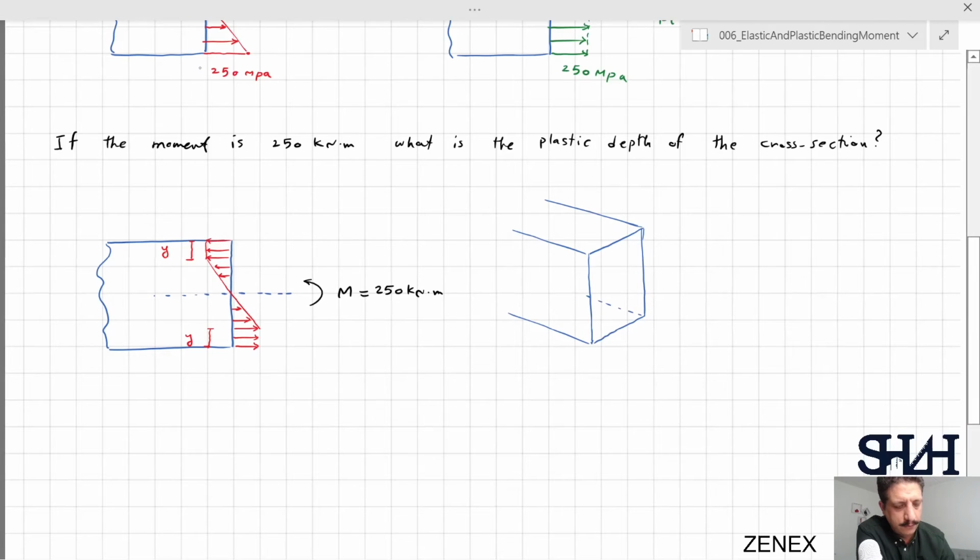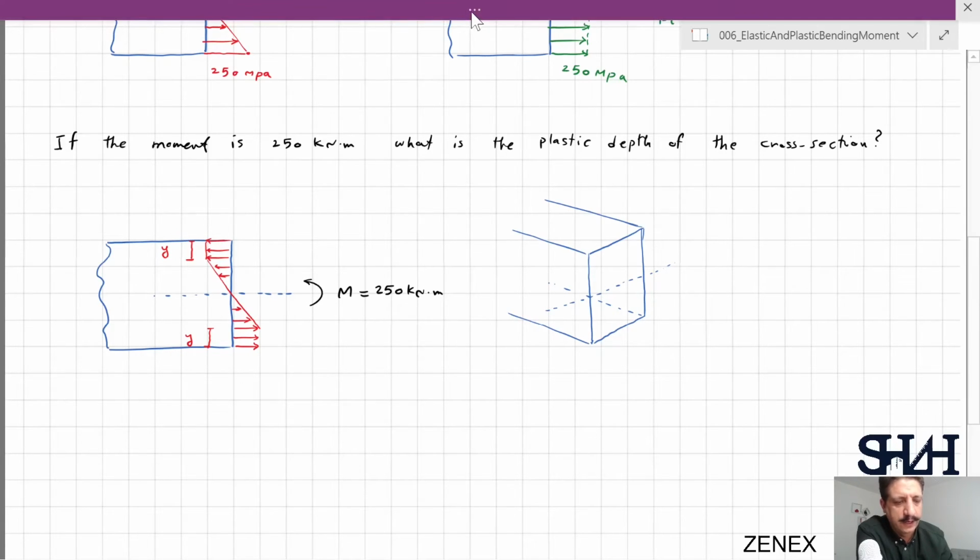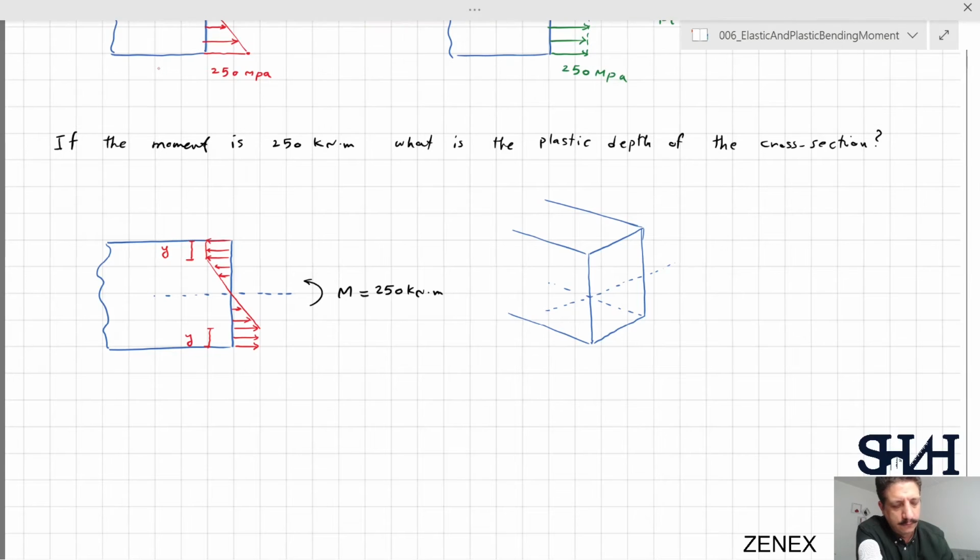After a while you might not need this anymore, because you know how to calculate it without the 3D sketch. But for now it is worthwhile to sketch it. So here we can assume that this is the plastic side, and then the rest is elastic.